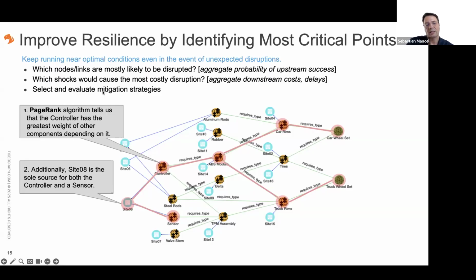So with this insight, teams can diversify sourcing, build buffer inventory at the most critical points, and proactively design redundancy into the system before any issues arise. And this is the ultimate value of a digital twin. Not only seeing what's happening today, but continuously simulating where you are most exposed tomorrow and designing resilience directly into operations.